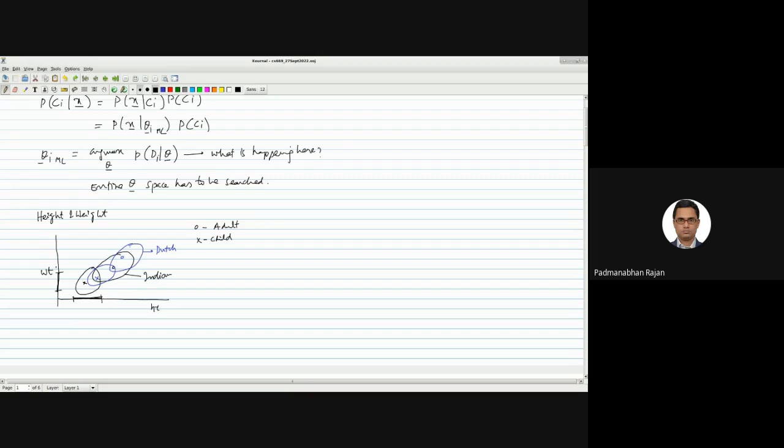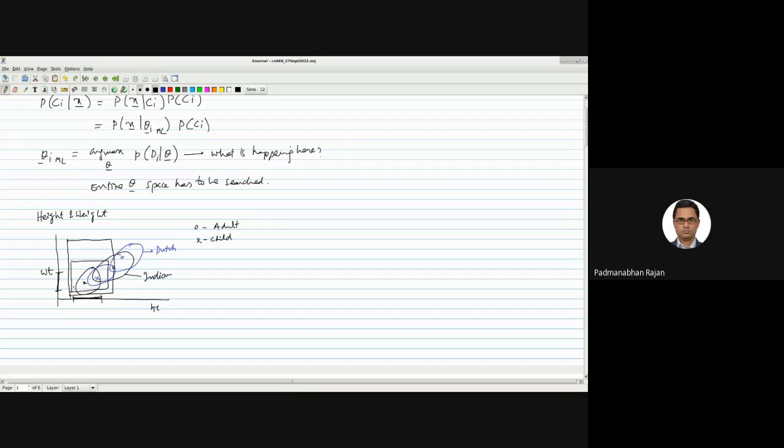Whereas maximum likelihood is going to search all of these parameter spaces. It's like ML will search this entire big grid, or even more than that. Actually, it will search the entire XY plane. But it makes sense for you to search maybe a smaller area. Maybe this much is enough for children.